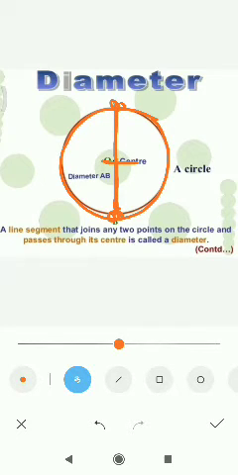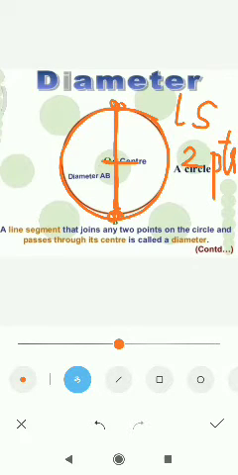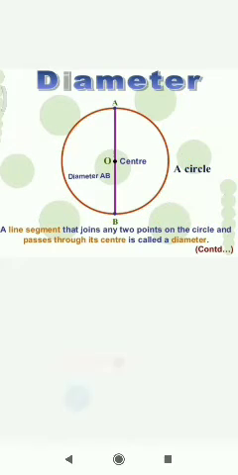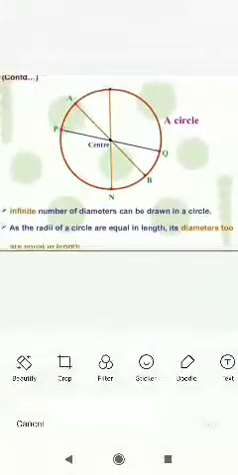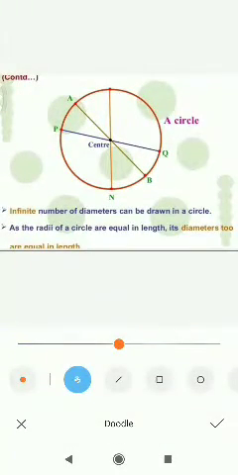First of all, it has to be a line segment, and second, it has to join 2 points on the circle and pass through the center. These are the requirements for the diameter of the circle. An infinite number of diameters can be drawn in a circle.